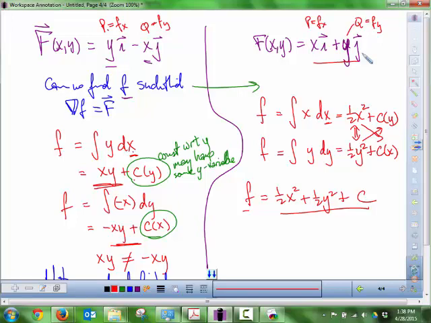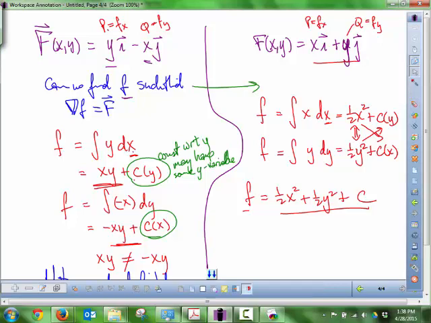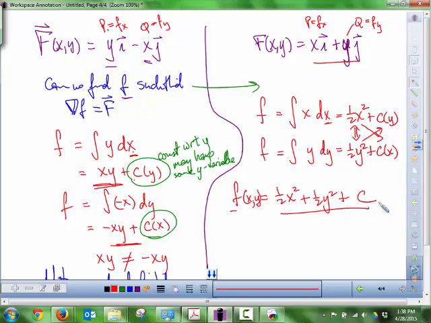No, that's a good question. And this is a good question to try to figure out when we have our capital F and little f. This here is a scalar function whose output is a scalar. The input is x and y, the output is a number. So this is a scalar function. This is capital F, a vector field that has components.